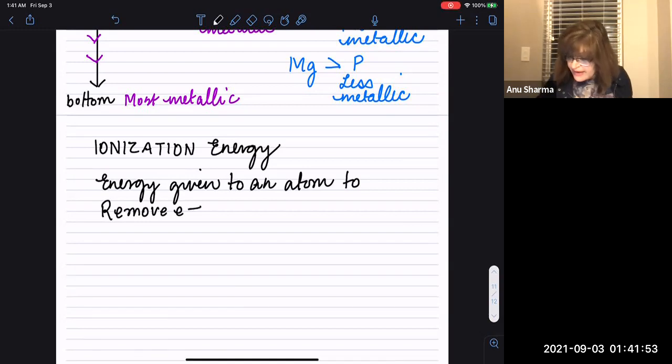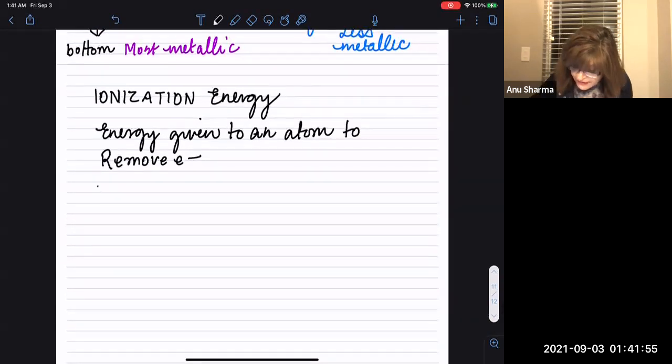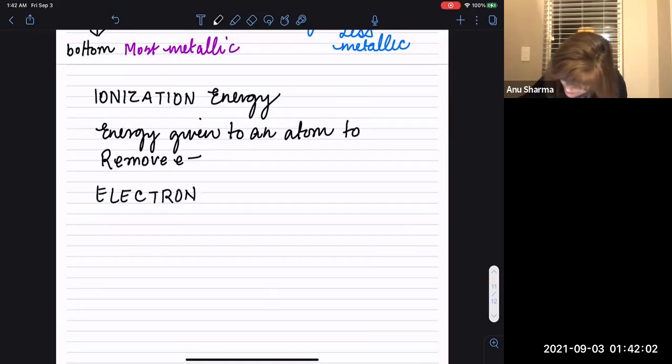Okay, and that relates to the electron affinity.